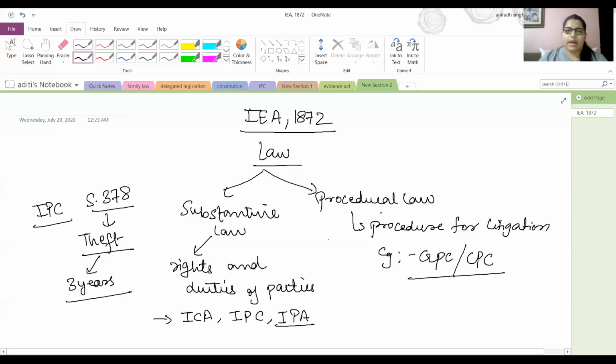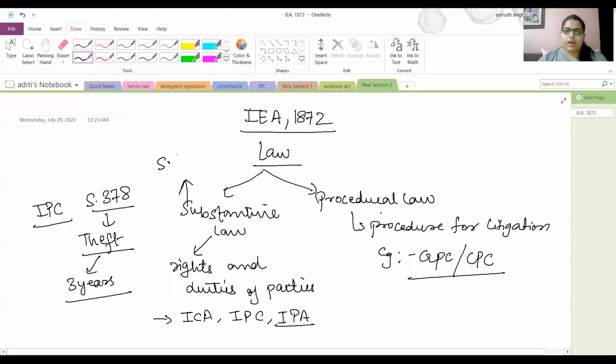The example is section 115, which talks about the rule of estoppel or the doctrine of estoppel.